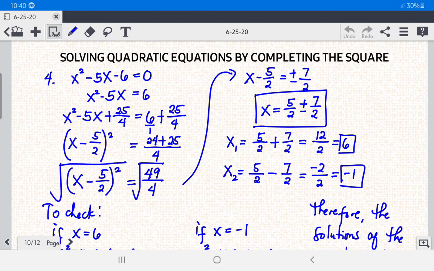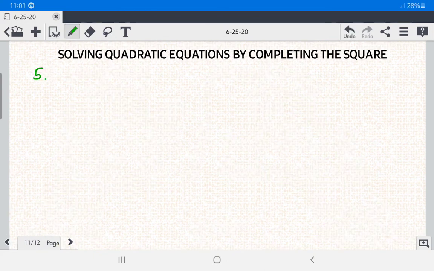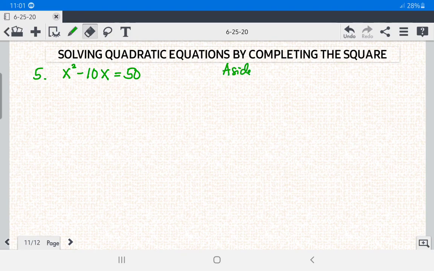Number 5. Let's say we have x squared minus 10x equals 50. Now, as you can see, there is no need for us to isolate the x variable. So what we're going to do is put that aside. The numerical coefficient of the linear term is negative 10.